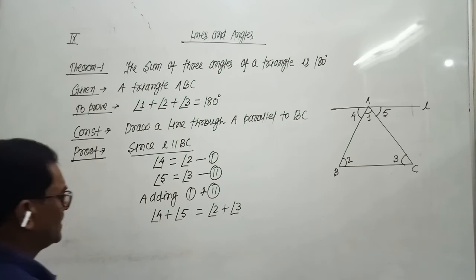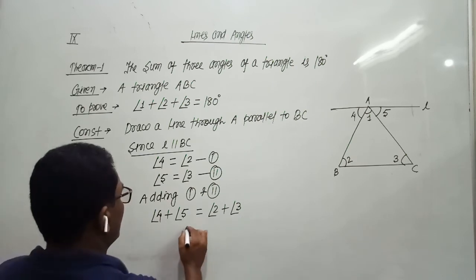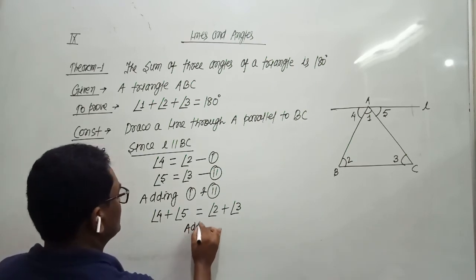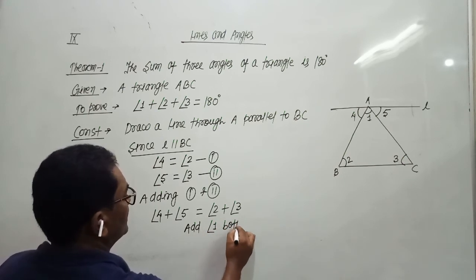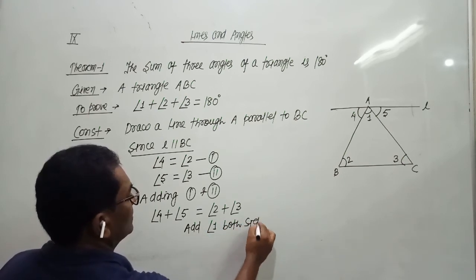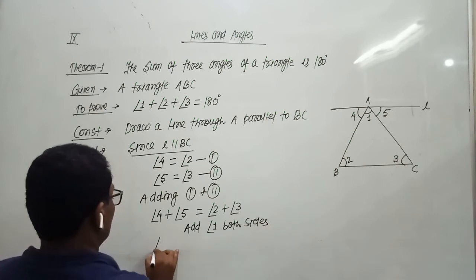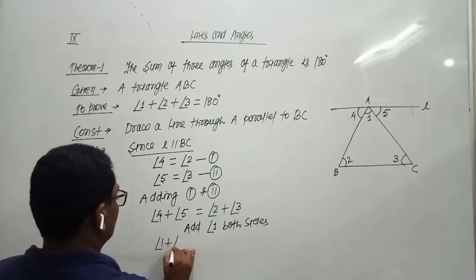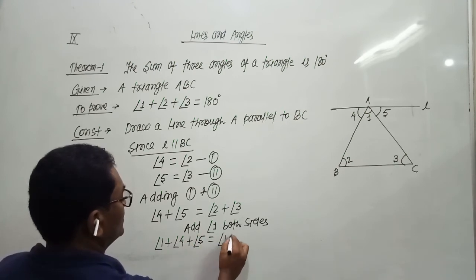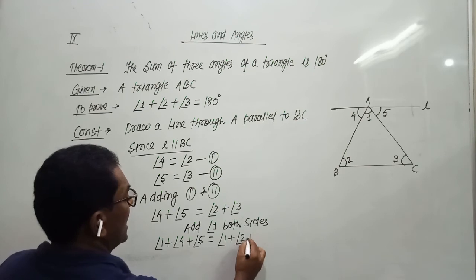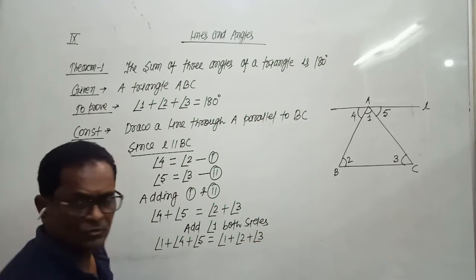Now add angle 1 to both sides, so we get angle 1 plus angle 4 plus angle 5 equals angle 1 plus angle 2 plus angle 3.